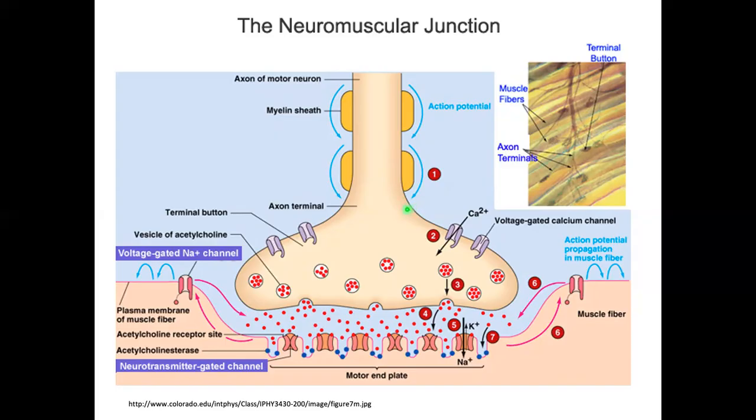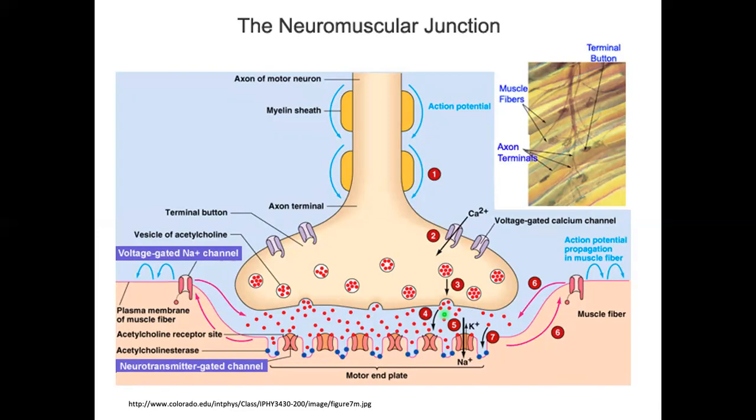Okay, and then what depolarizes the axon terminal? Okay, so it's calcium. So if you look at number 2, calcium voltage gated channels pop open and calcium rushes in. And then that causes these vesicles containing neurotransmitters to dump their neurotransmitters into the synapse, right? So number 3, the neurotransmitter is getting exocytosed into the synapse.